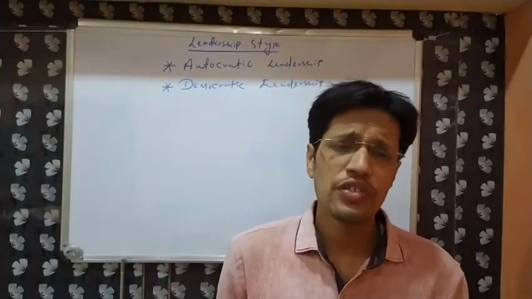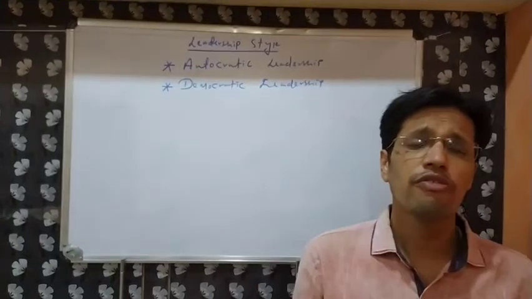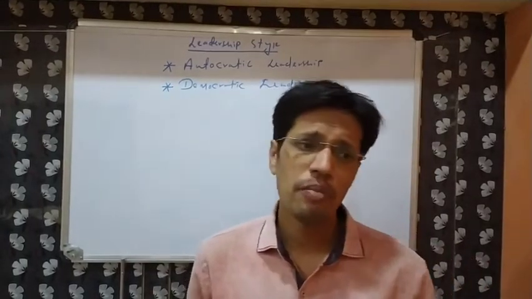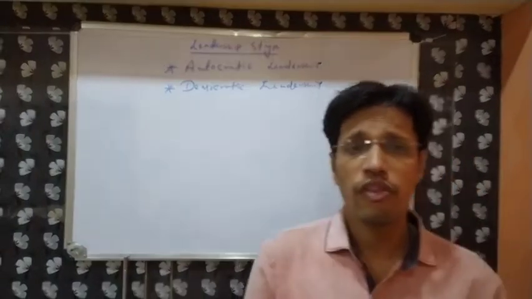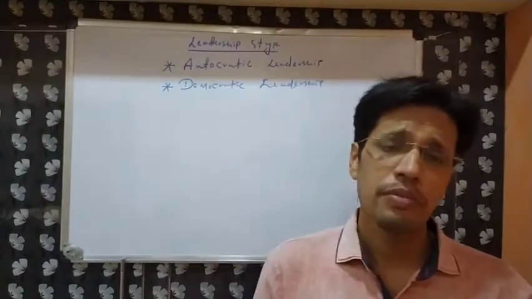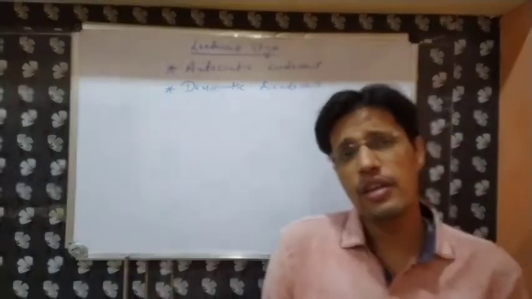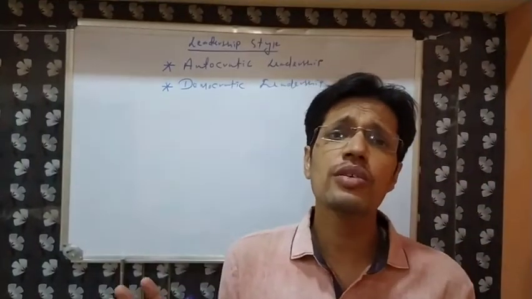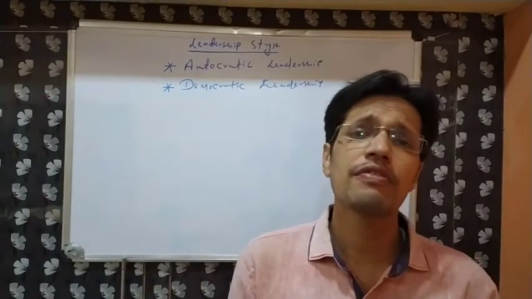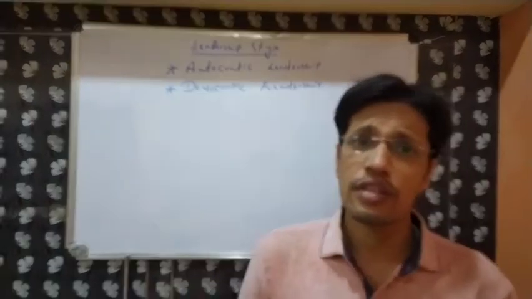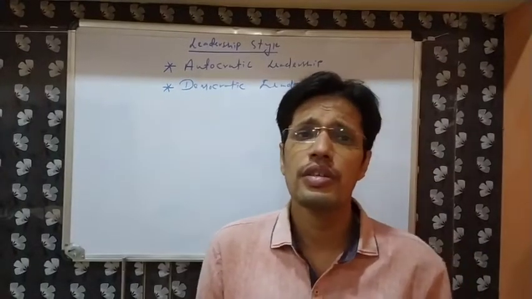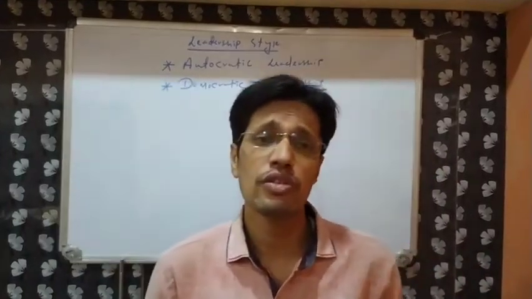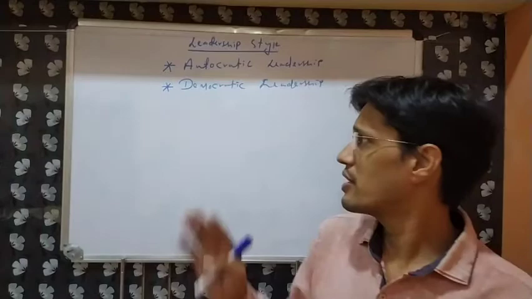The leader allows, encourages and inspires the followers, the executives, the team members to participate in the form of their opinion and their suggestion, and they are free to participate and contribute their part, and the leader ultimately takes the decision, but after considering everyone's opinion. That is what democrat means.